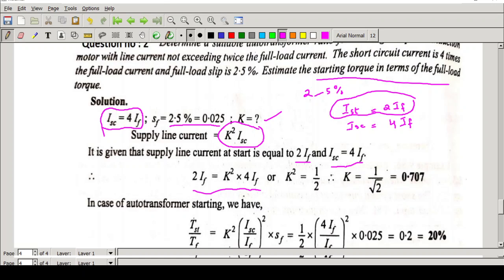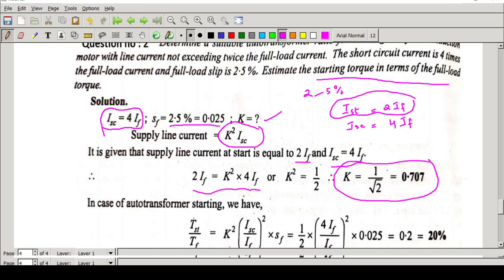Okay. So substituting this, we can find the value for K. K will come out as 1 by root 2, that is equal to 0.707. Okay. So this is how you can find the value of the transformation ratio.